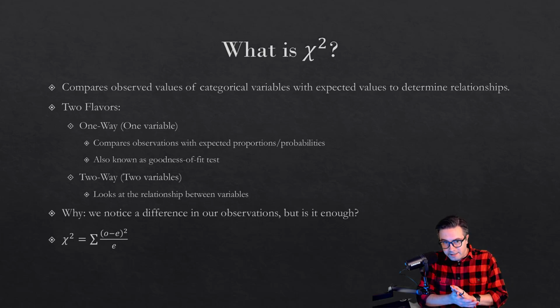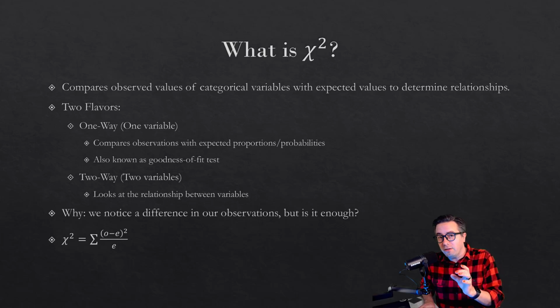And we'll get into the 1-way in just a second, but the idea for how we find all of the chi-square values is we have observations and we have the expected values. So we take the observed, the observation of that something occurs, minus what we expect it to be, square it, and divide by the expected value. And we do that for all of our observations, which we pair with their respective expected values.